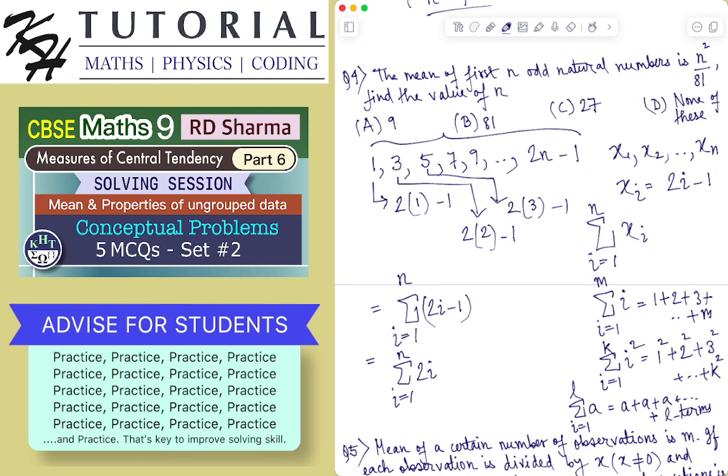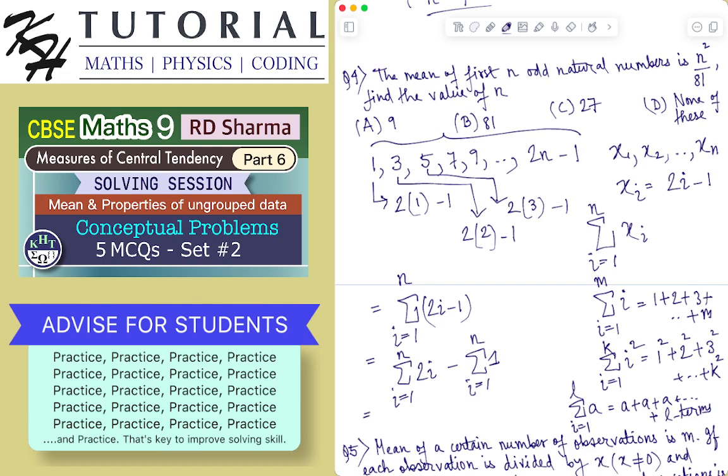When sigma is applied on 2i minus 1, it will be summation of 2i minus summation of 1, where i is ranging from 1 to n. In 2i, i is the variable.